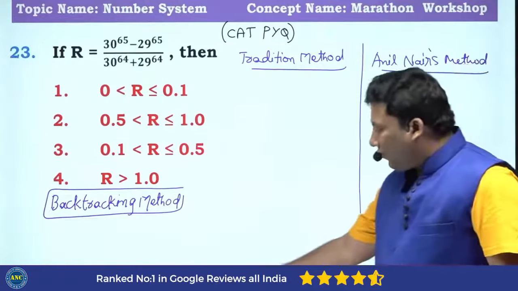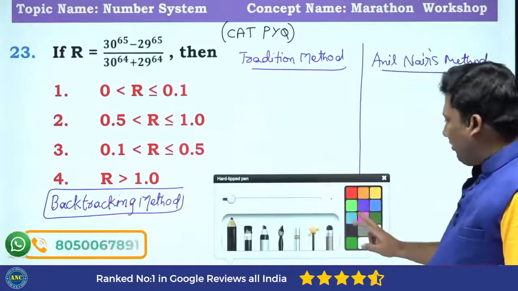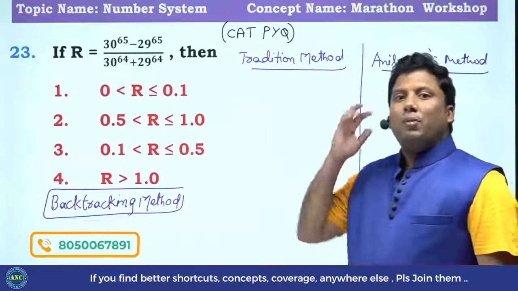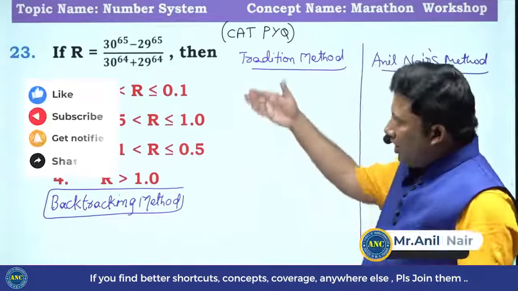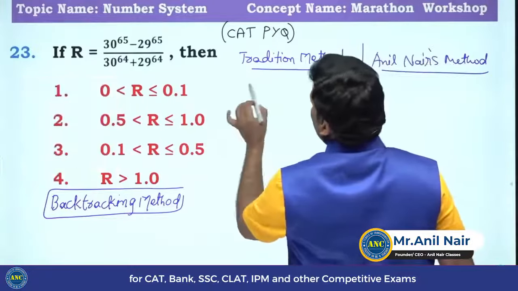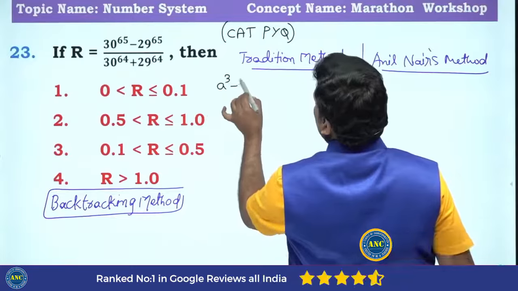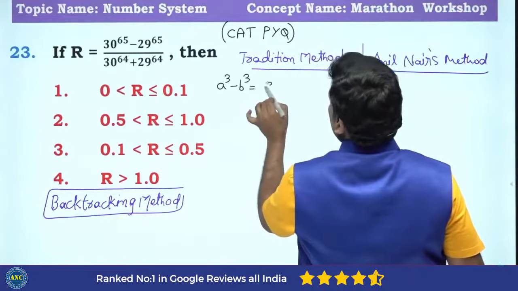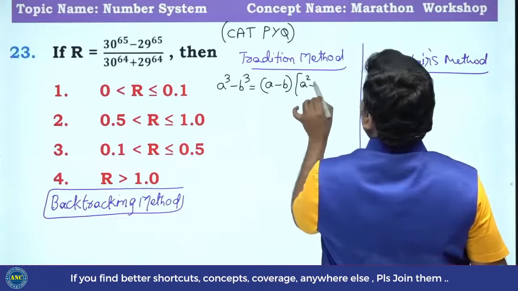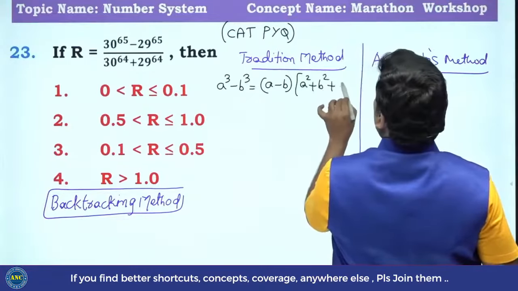30 power 65 minus 29 power 65 by 30 power 64 plus 29 power 64. Which of the following options is true? Traditional method. Now if you see here, a cube minus b cube is a minus b into a square plus b square plus ab.